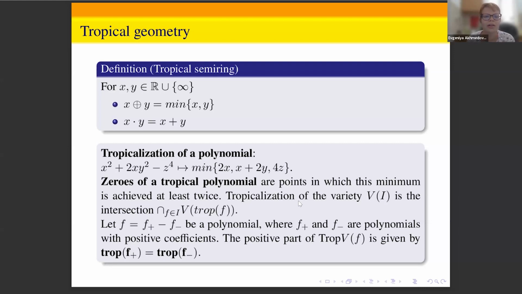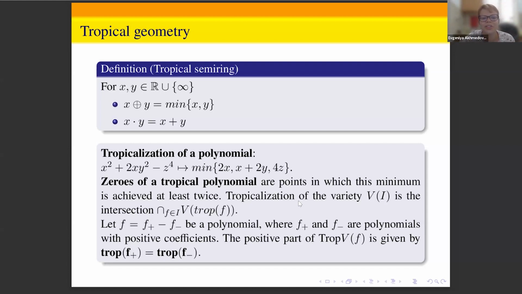So the tropical semiring is the ring where we have addition replaced by minimum and multiplication replaced by addition. So we can see that quasi-addition in this ring is not invertible, which creates some problems for us.